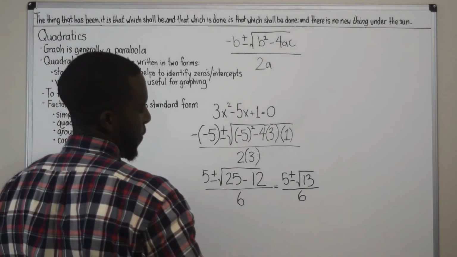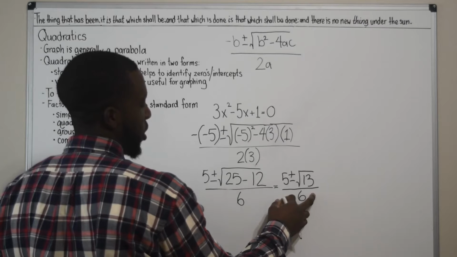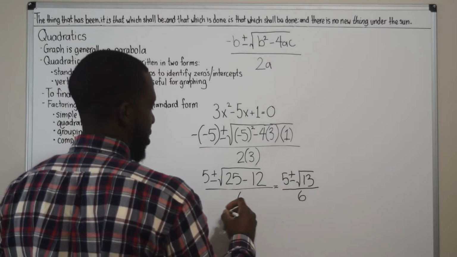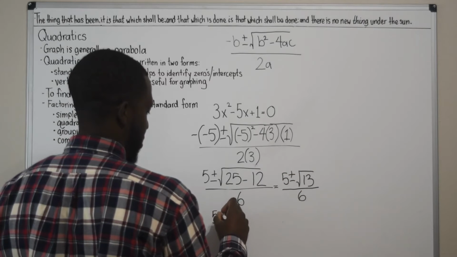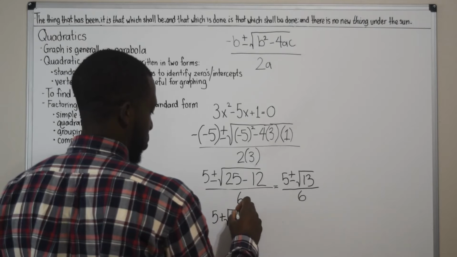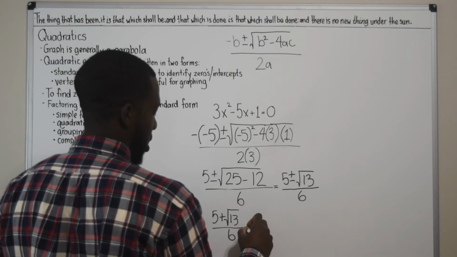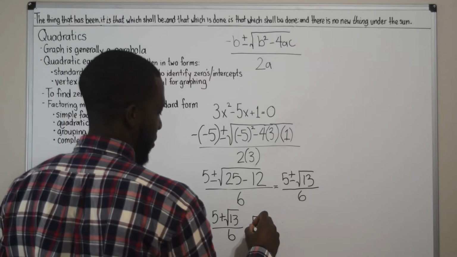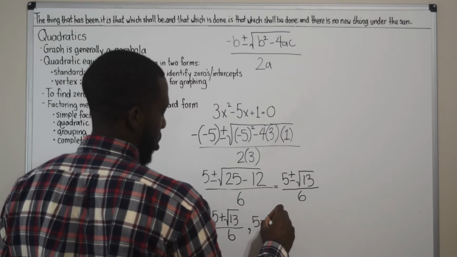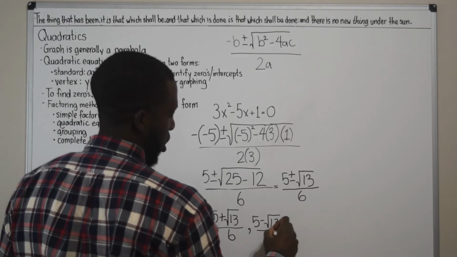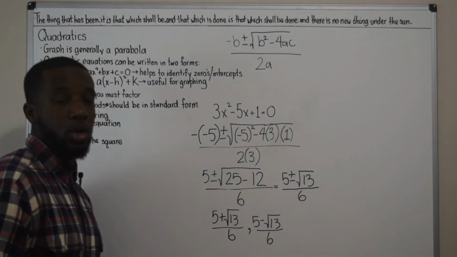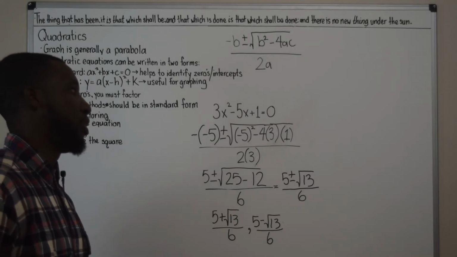I'm tripping. This is actually two answers right here. You got 5 plus or minus. So I got 5 plus the square root of 13 over 6 and 5 minus the square root of 13 over 6. Those are your two zeros, okay?